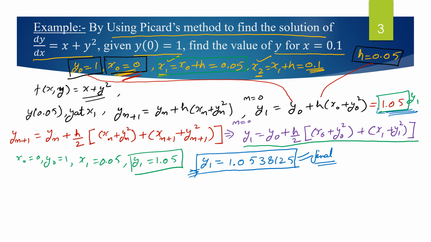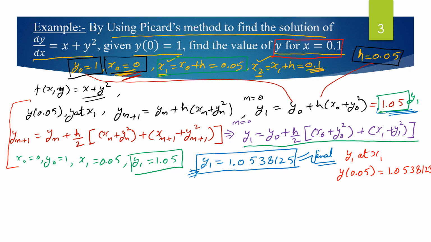Now we have y1, that means y1 is at x1, or we can say that x is 0.05, and y is 1.0538125. Now the first iteration is over. Actually the question asks us to calculate y for x is equal to 0.1.